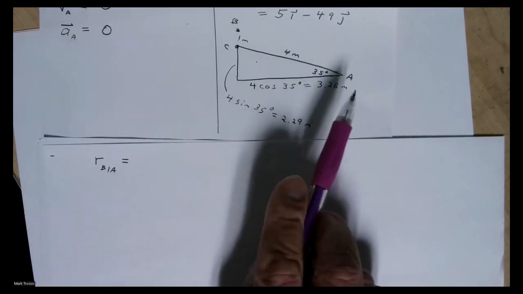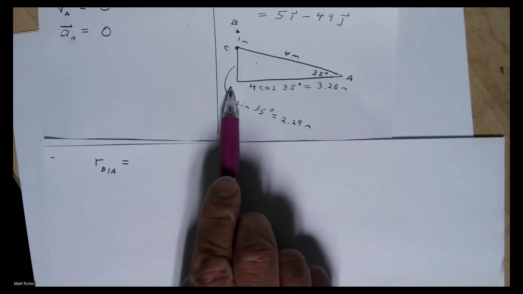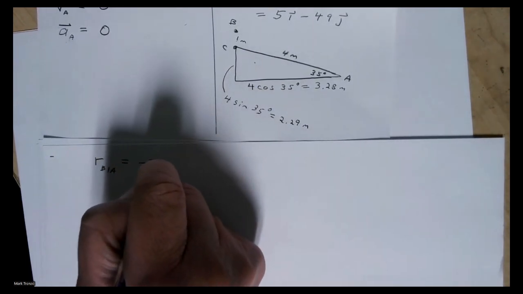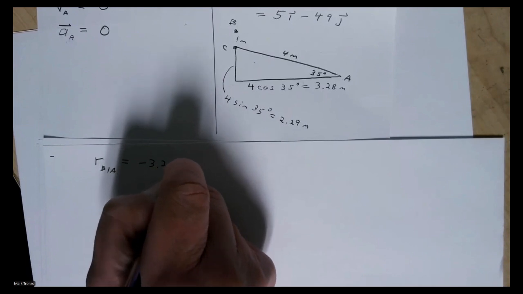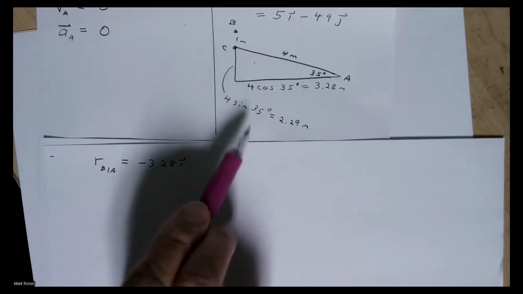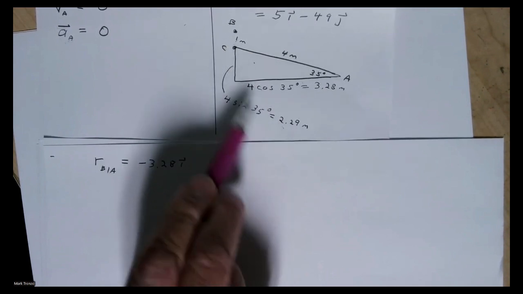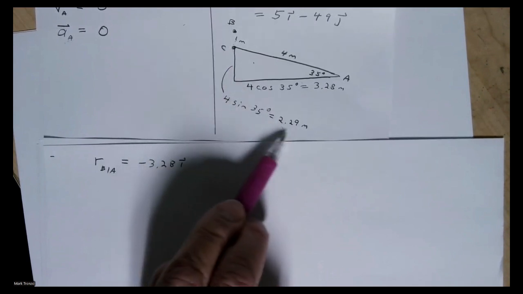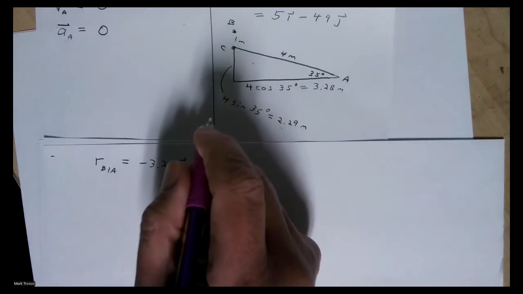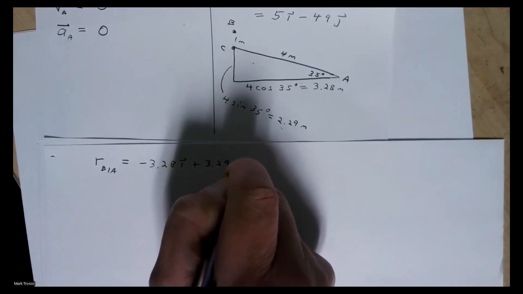Remember, that's what it takes to go from A to B. So along the x-axis, we have to go in the negative 3.28 direction. And then in the y direction, we have to go 1 plus 2.29. In other words, to go from here to here, it's going to be 1 here plus 2.29. It's going to be a positive 3.29 J, like this.